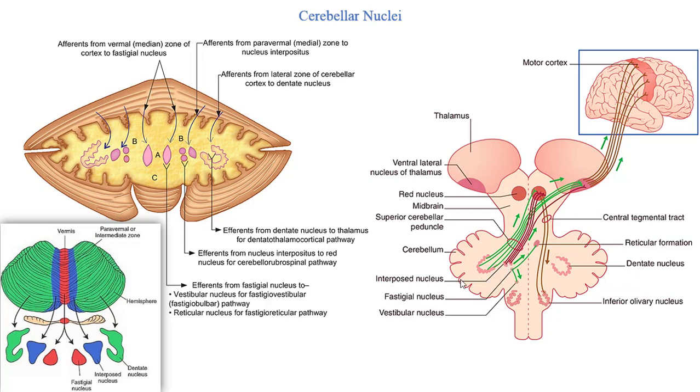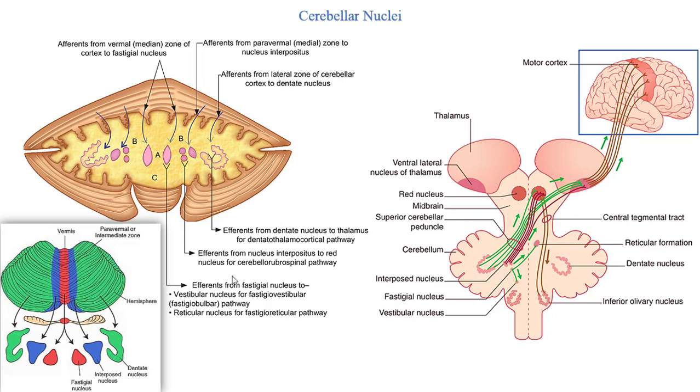Axons from the interposed nuclei decussate in the superior cerebellar peduncle to synapse on the contralateral ventral nucleus of thalamus and contralateral red nucleus in the midbrain. Axons leaving the red nucleus descend to inferior olivary nucleus in the medulla. The axonal projections from the interposed nuclei function in monitoring and correcting motor activity of upper and lower extremities.